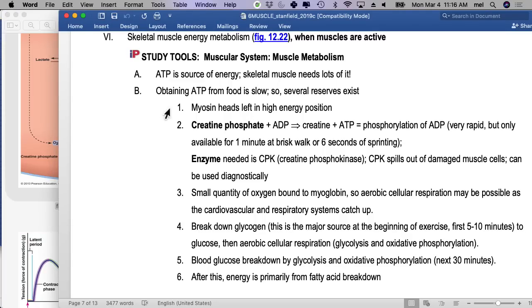So first thing is, don't you get your first power stroke for free because you already paid for it, right? As soon as you've had an action potential, that first power stroke was paid for by the last round of ATP. You already put the catapult into high energy position. So the phosphate falls off, and you get that for free. But of course, that's not even seconds of activity.